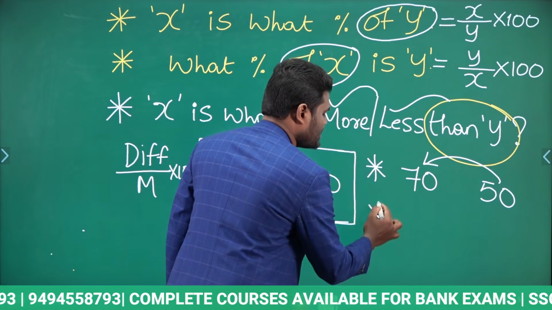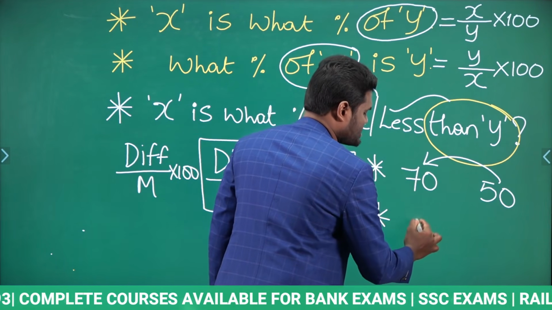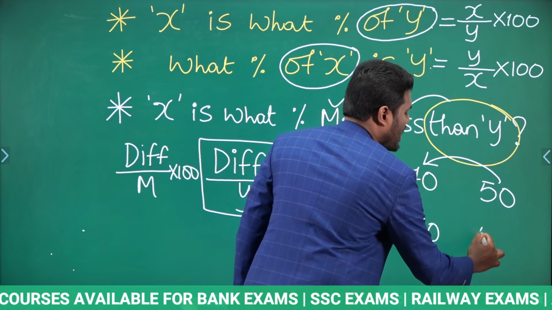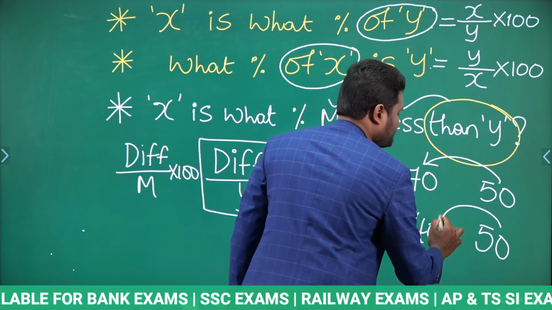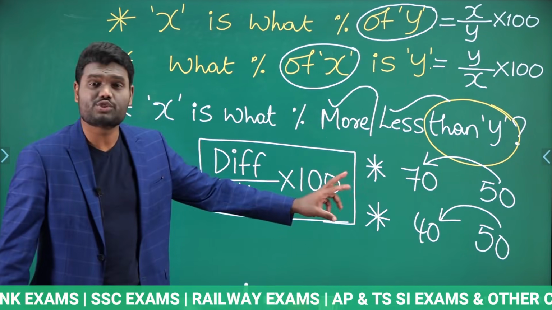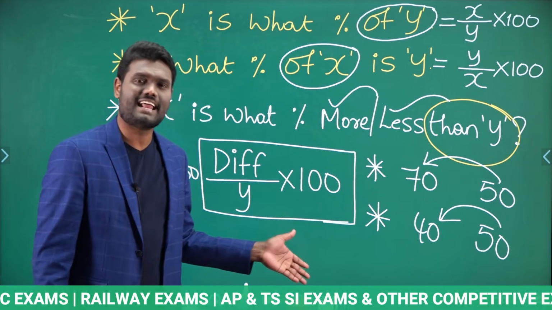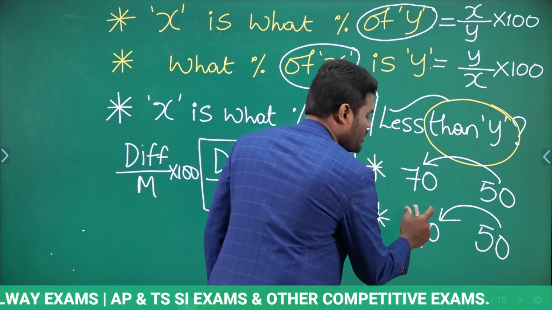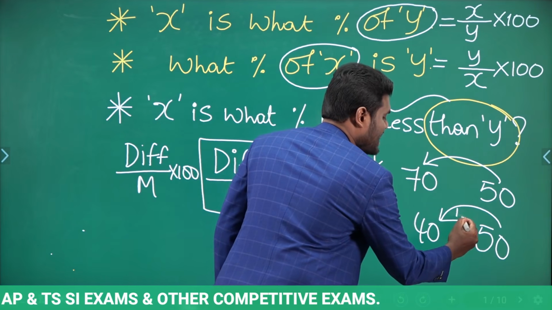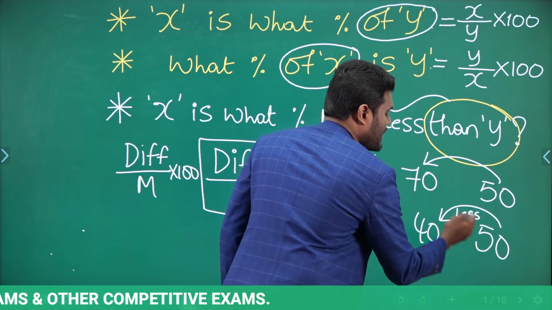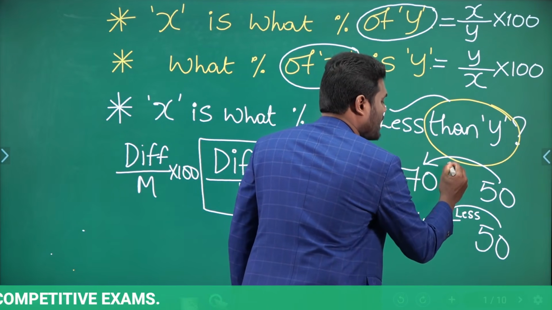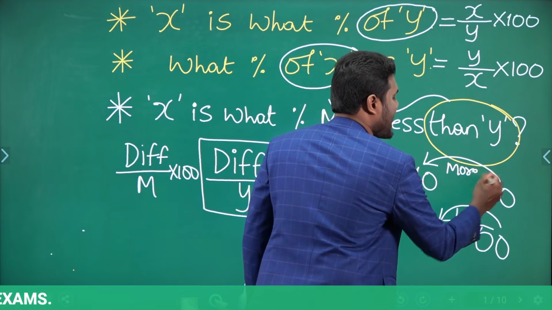But if you observe here, I can say 40 is what percent less than 50. Why? Because 40 is not more than 50, it is less than 50. That is the reason I will say 40 is what percent less than 50. But here it is 70 is what percent more than 50.